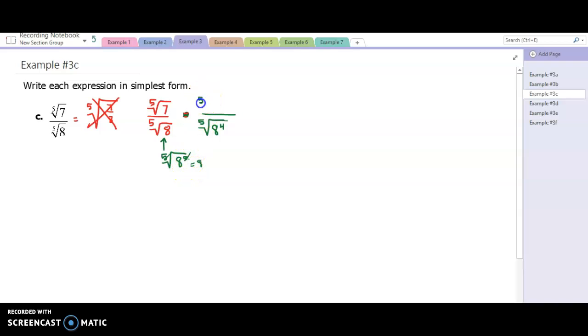So if I multiply the bottom by that, I'd have to multiply the top by that too. So 5th root of 8 to the 4th over 5th root of 8 to the 4th is what I multiplied my original expression by.